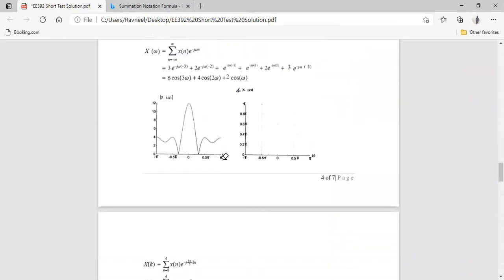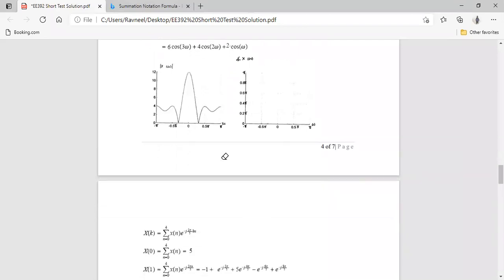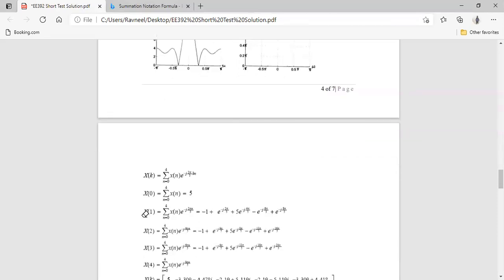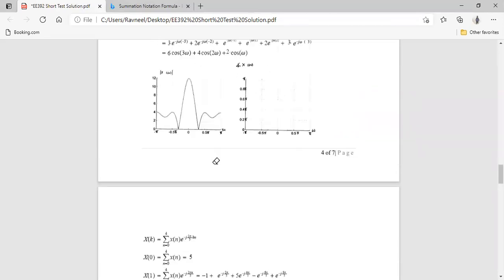The upper limit is capital N minus 1, so 5 minus 1, we are left with 4. So we directly substitute our capital N into the DFT formula, and the rest is just direct substitution.